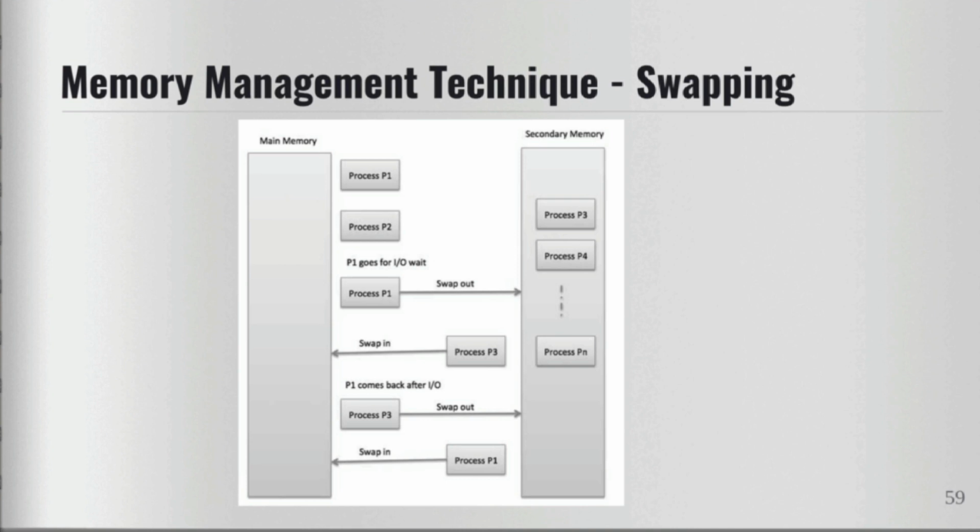If we calculate the time it will take to transfer that process from the main memory to secondary memory, it will be the process size divided by the transfer rate, which is 2048 KB divided by 1 Mbps or 1024 kbps. That makes 2048 divided by 1024, which is 2 seconds. If we consider both swap in and swap out, then it will take around 4 seconds for both to complete.